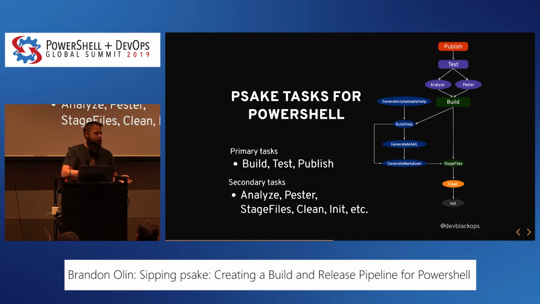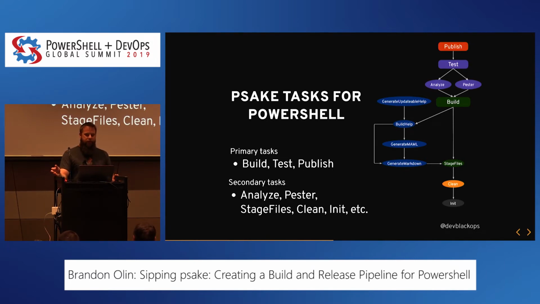That build process could put some unintended side effects into your process that you may miss if you reverse those steps. And then publish, obviously we're going to publish to the PowerShell Gallery or publish to an internal NuGet feed or put on a file server or whatever publish means in your case.